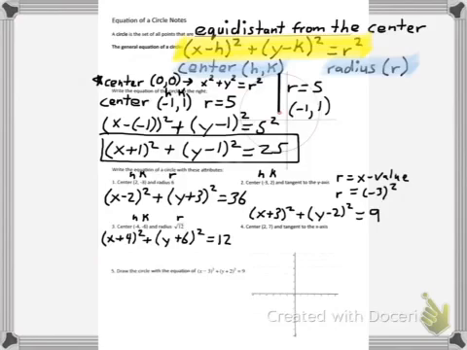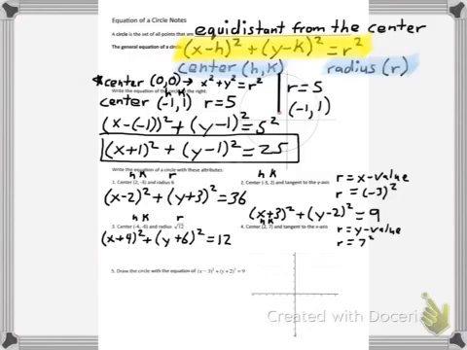On number 4, our center is at (2, 7). So h is 2, k is 7, and this time it's tangent to the x-axis. So our radius this time is going to be whatever our y value is. Alright, so in this case, my y value is 7, so my radius here is going to be 7, and don't forget we're going to square it here in a minute.